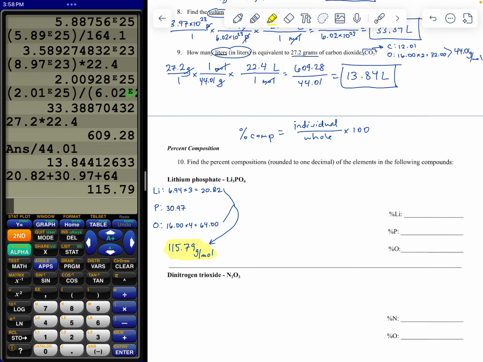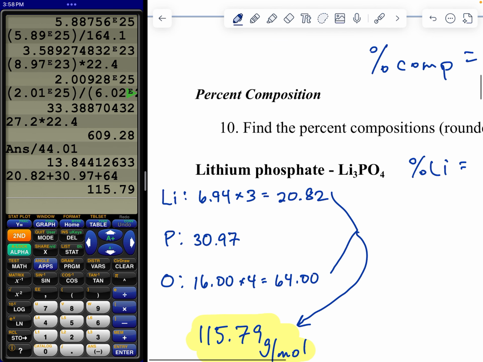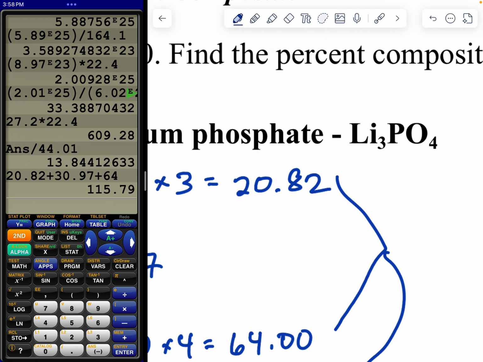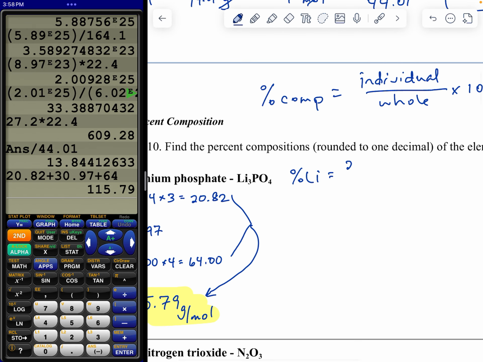And then to get the percentages, we just plug all of the individual contributions over that. So for the percent of lithium, we know that lithium by itself is 6.94 grams, but because we have 3 of them, we have to use the total mass that lithium itself contributes, which is the 20.82, and divide it by 115.79 times 100.